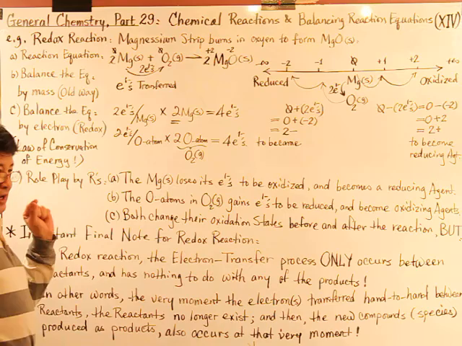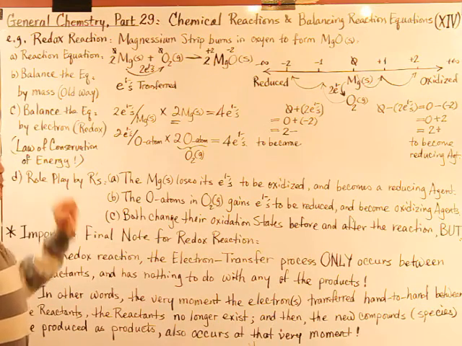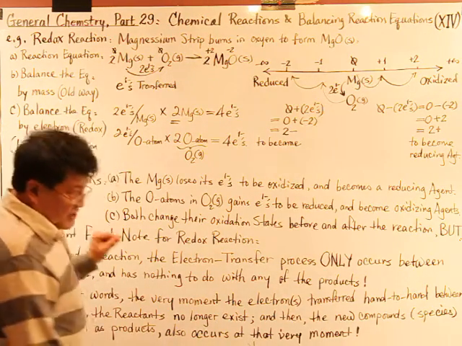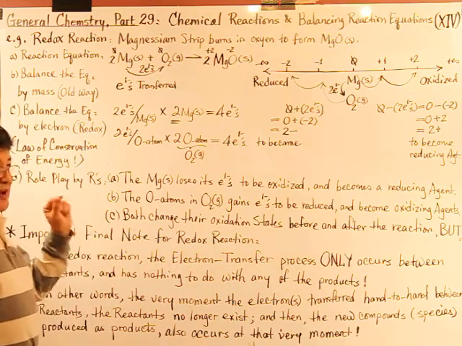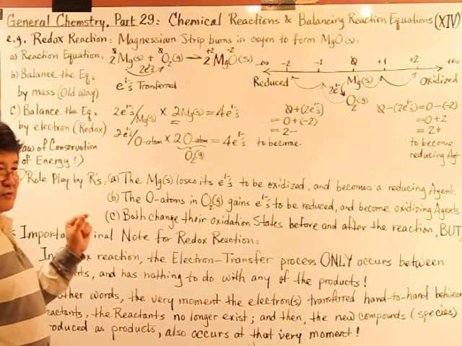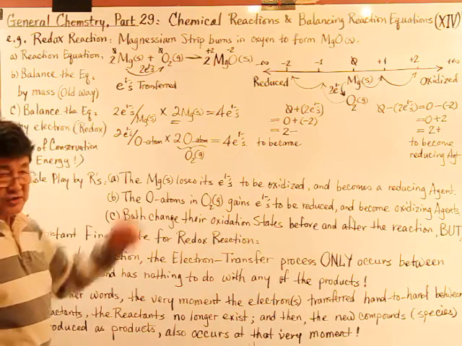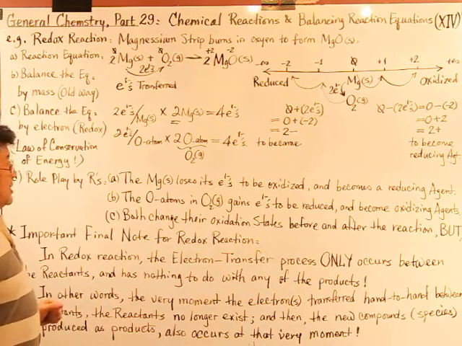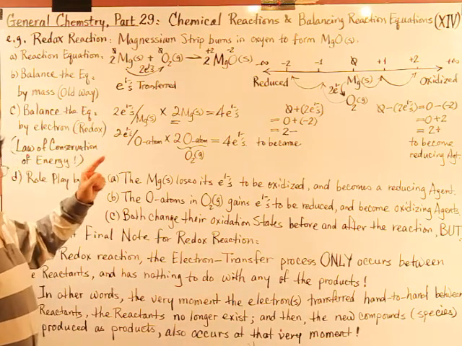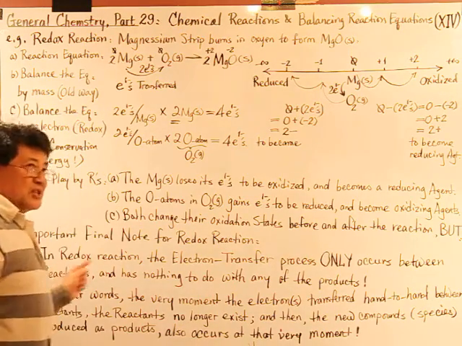Most people did not understand. They teach this kind of concept: you check the oxidation state for the species in the redox reaction, find if they are different before and after the reaction, and if the oxidation number changes for magnesium or oxygen, whichever you talk about, then the electron is transferred between the reactants and the products.